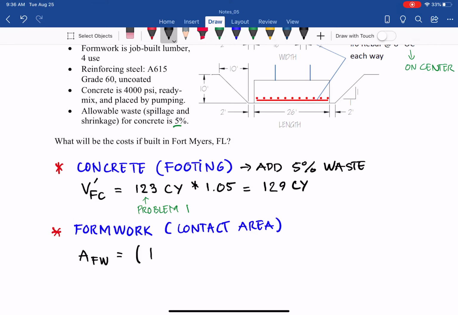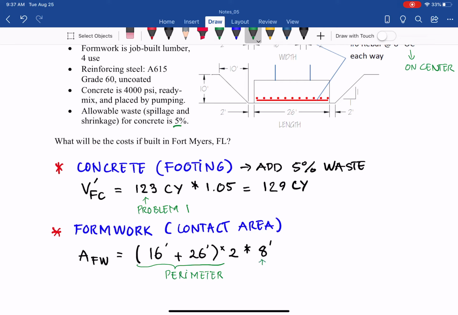So we have 16 feet plus 26 feet, times 2. That is the perimeter of the footing. Then we continue to multiply by the height, and the height of the contact area here will be 8 foot.